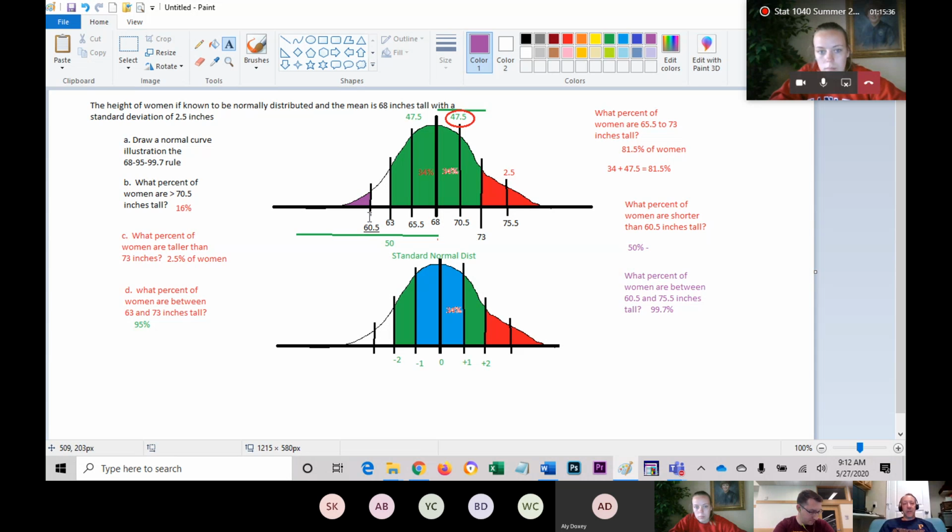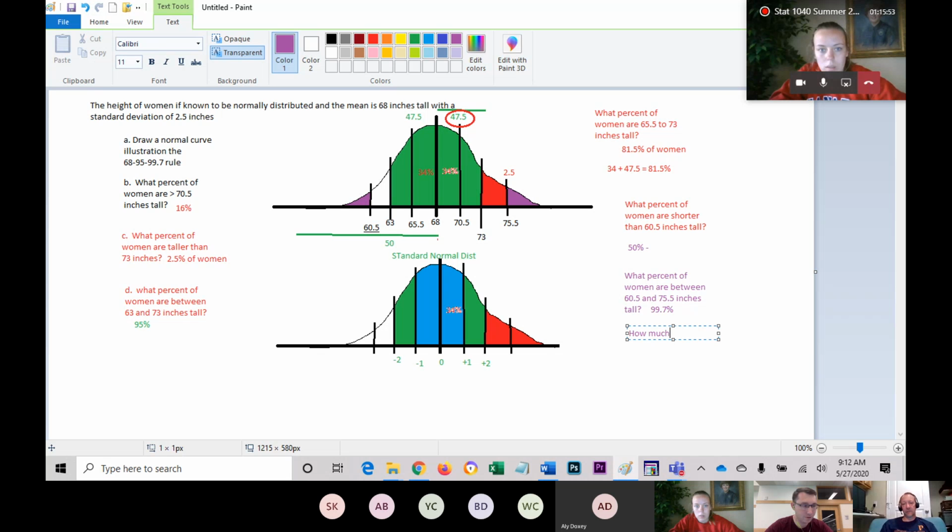So we know that 99.7% of women are between here. So what is in both tails? I'm going to highlight both tails here. So both the purple sections. So how much is in both tails? If you've got 99.7% in the non-purple areas, how much are in the purple areas?